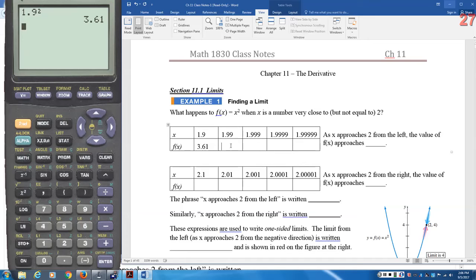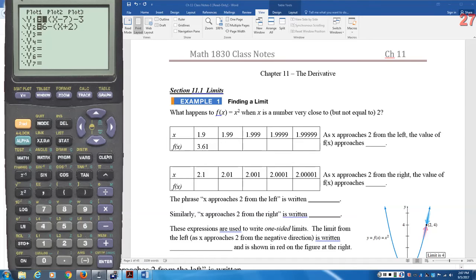But a more efficient way to do this, this is the way I want you to learn to do it, is I want you to go to your y equals screen. And I want you to hit the clear button. Make sure all these are nice and cleaned out, that there's nothing else on Y1 or on Y anything.